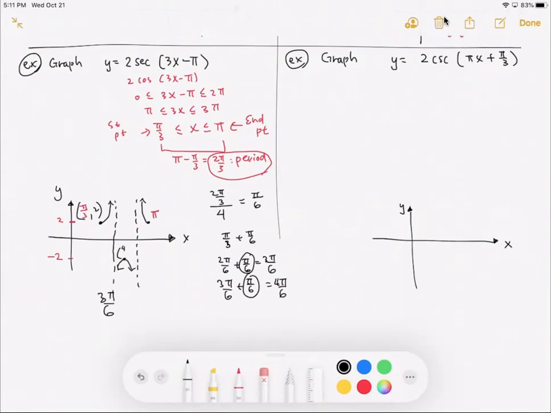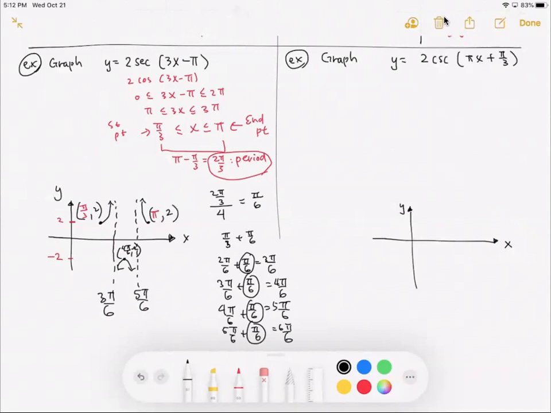So that's one of the key points. And then to 4 pi over 6, I'm going to add pi over 6 again. Then at 5 pi over 6, we have another asymptote. And to 5 pi over 6, I'm going to add pi over 6 again, which is 6 pi over 6. And is that pi? Yes, it is pi. So that point should be pi, 2.